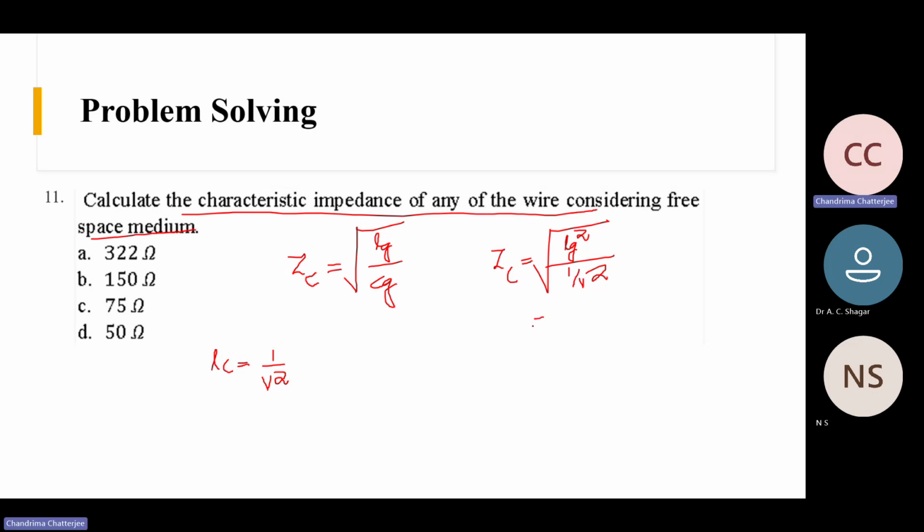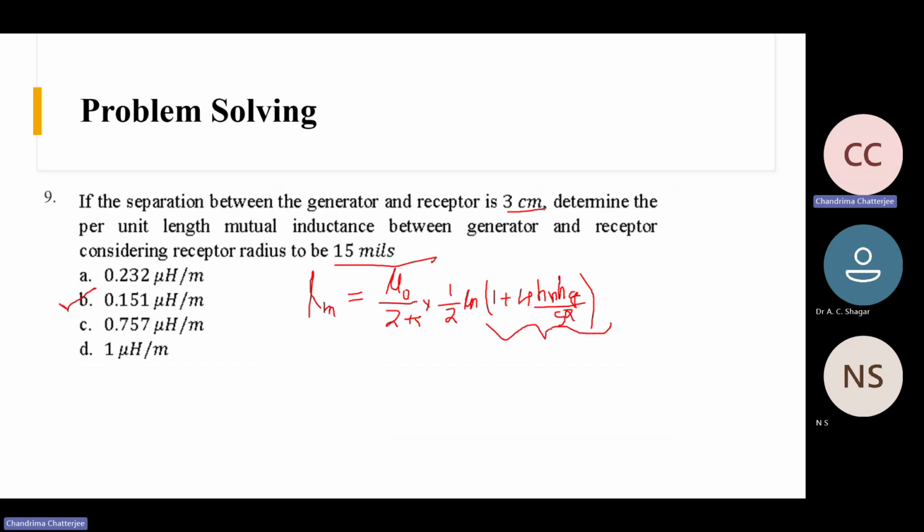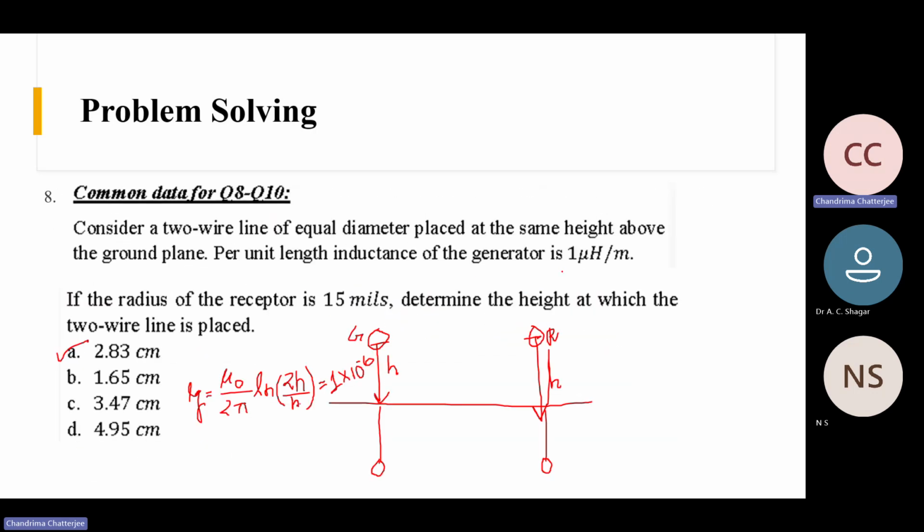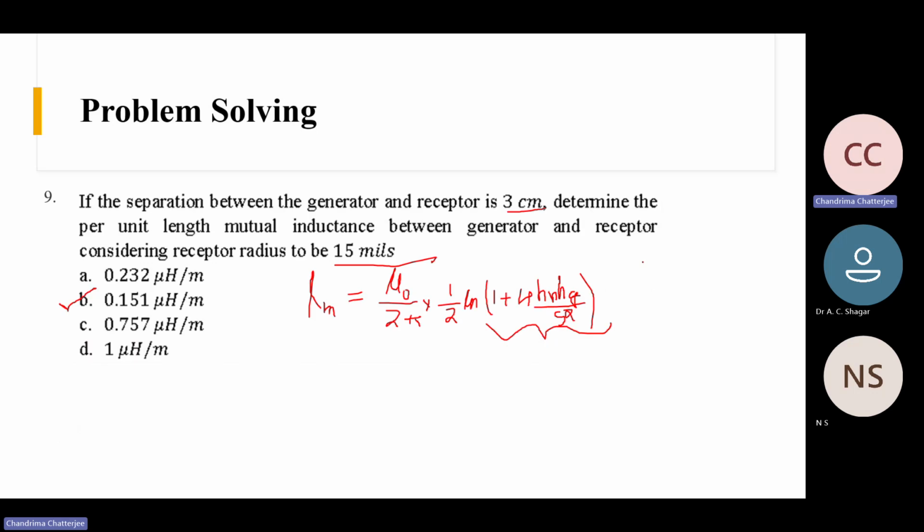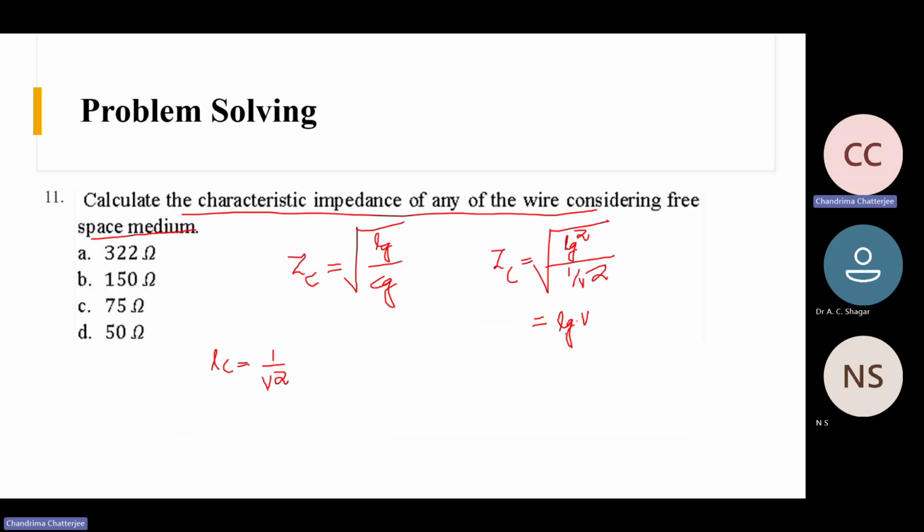So if you do LG multiplied by V, where V is the speed of light, 3 times 10 power 8, and LG value was 1 microhenry per meter, right? So it will be something like 300 ohm. But you see 300 ohm is not even in the options. So you can't use this.